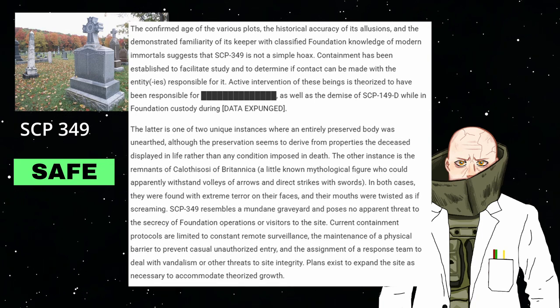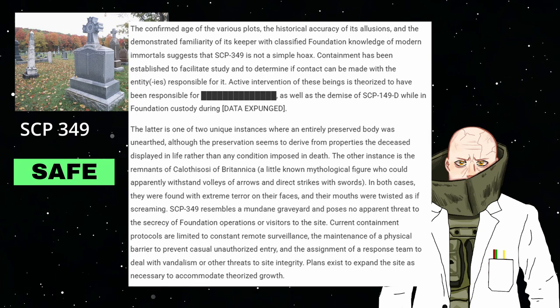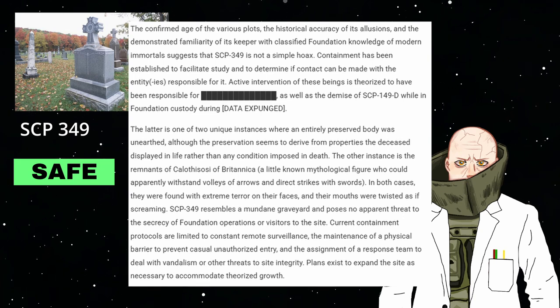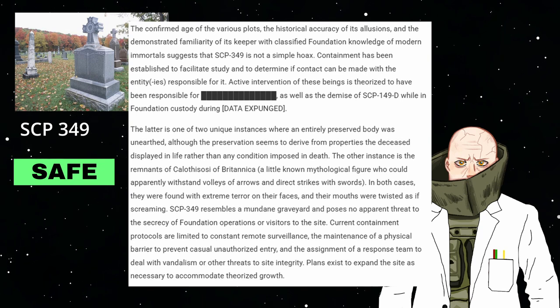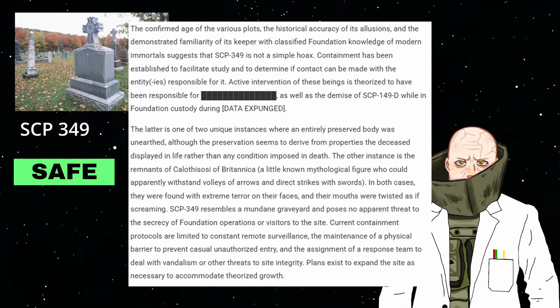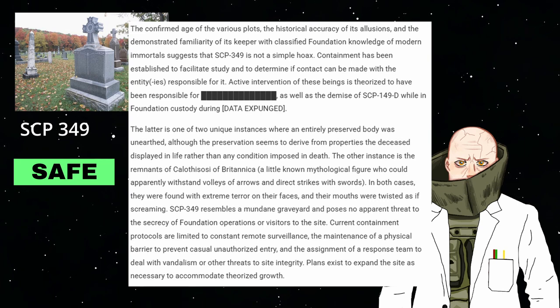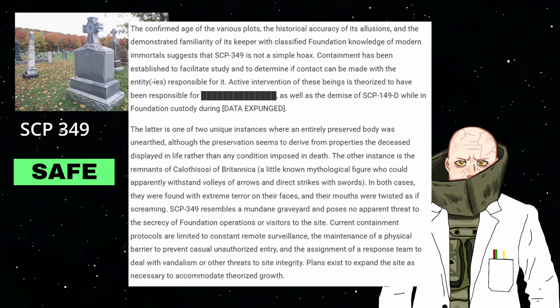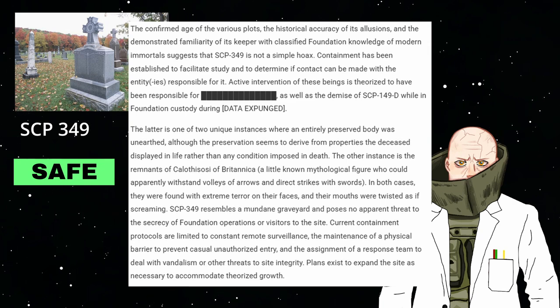Containment has been established to facilitate study and to determine if contact can be made with the entities responsible for it. Active intervention of these beings is theorized to have been responsible for Redacted, as well as the demise of SCP-149-D while in Foundation custody during Data Expunged. The latter is one of two unique instances where an entirely preserved body was unearthed.